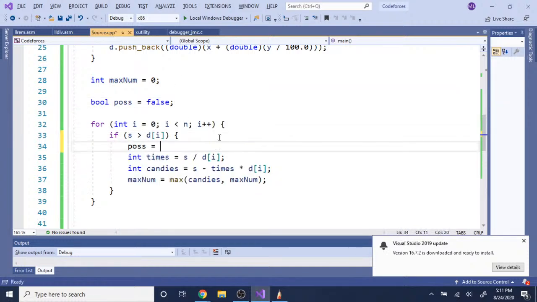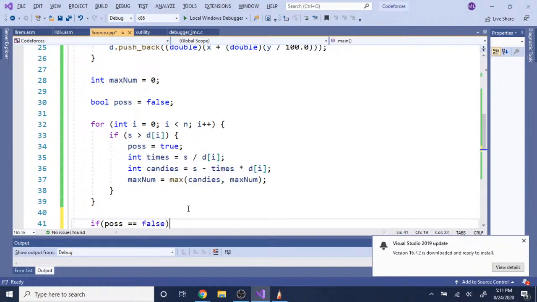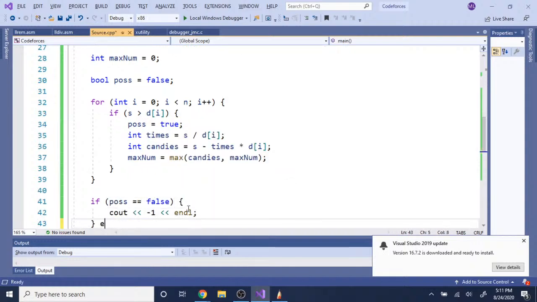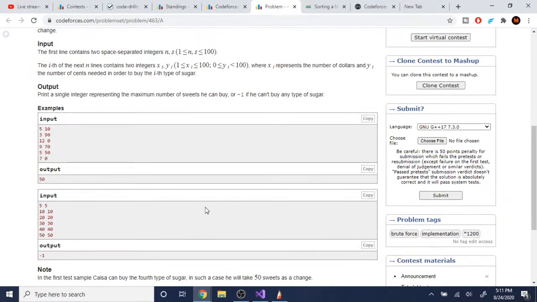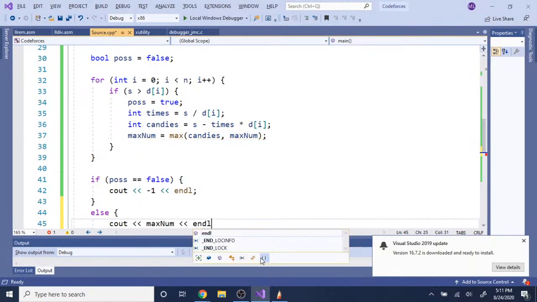Pos is true. If pos is equal to false, then we cout -1. Otherwise, we'll cout max num. Okay.